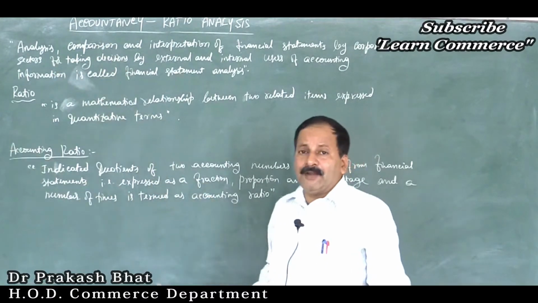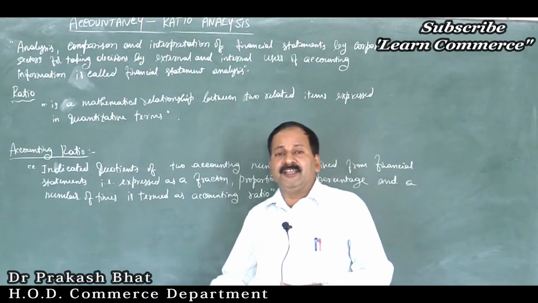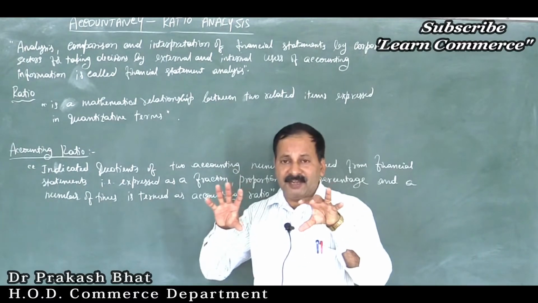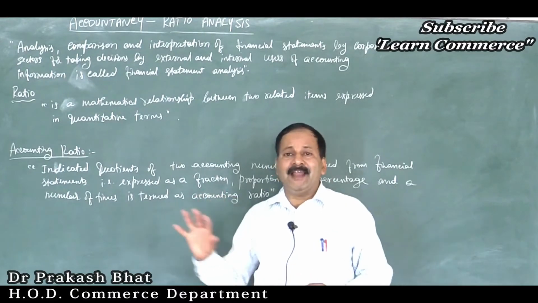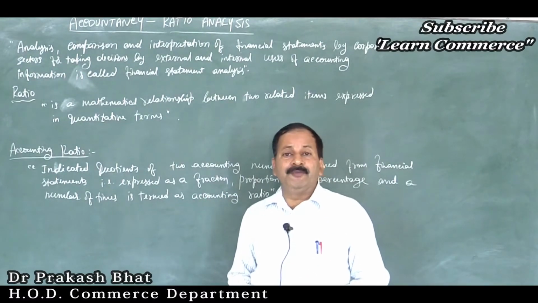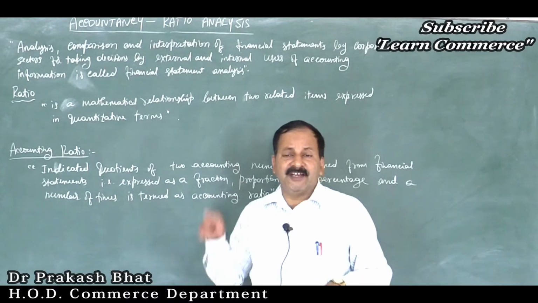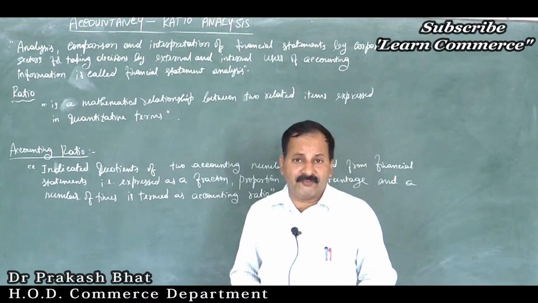Comparison, we compare one figure with the other. Maybe debt will be compared with the equity, the debt equity ratio. Or current assets and current liabilities will be compared and we'll come to know the current ratio. Or quick assets and current liabilities will be compared and we'll come to know the quick ratio, isn't it?